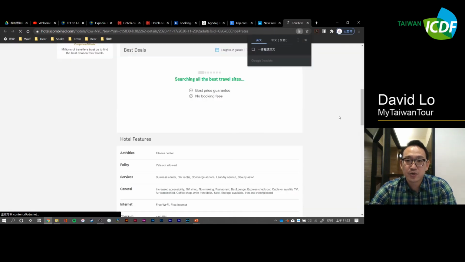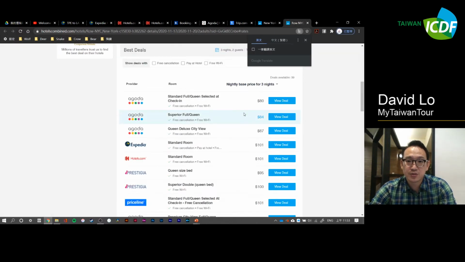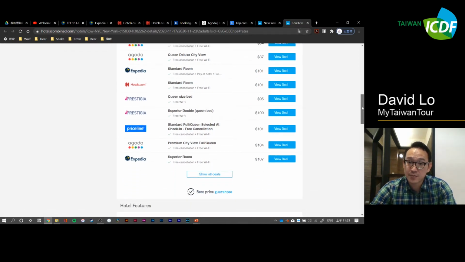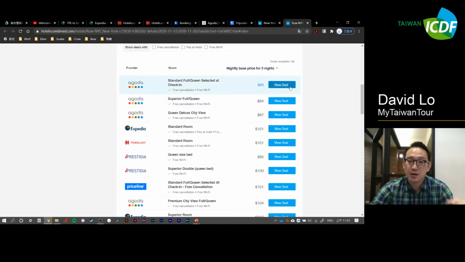If I go deeper into this hotels page, you can see all the hotels, whether it's on Agoda, Expedia, Hotels.com, or Priceline. But you see they have different rate ranges here, so it helps you to combine all the prices online. But be careful that this pricing may not be the final price.